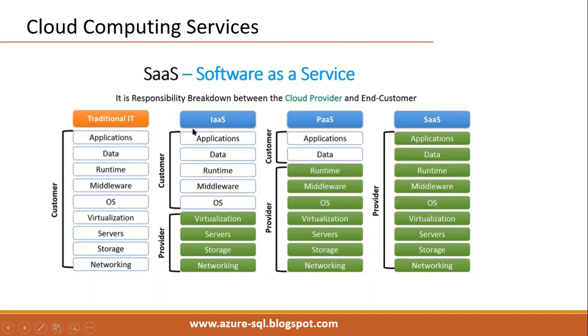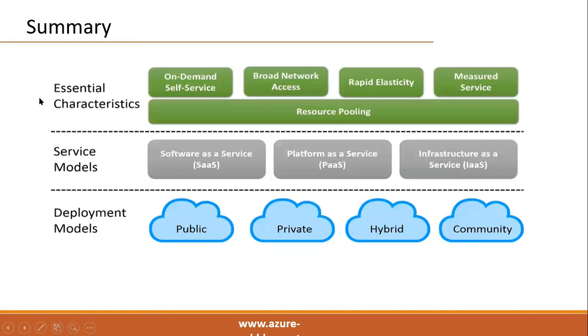Remember, these services are common in any cloud platform. In the summary, we can understand every cloud platform has 5 essential characteristics, 3 service models, and 4 deployment models, which we have seen.